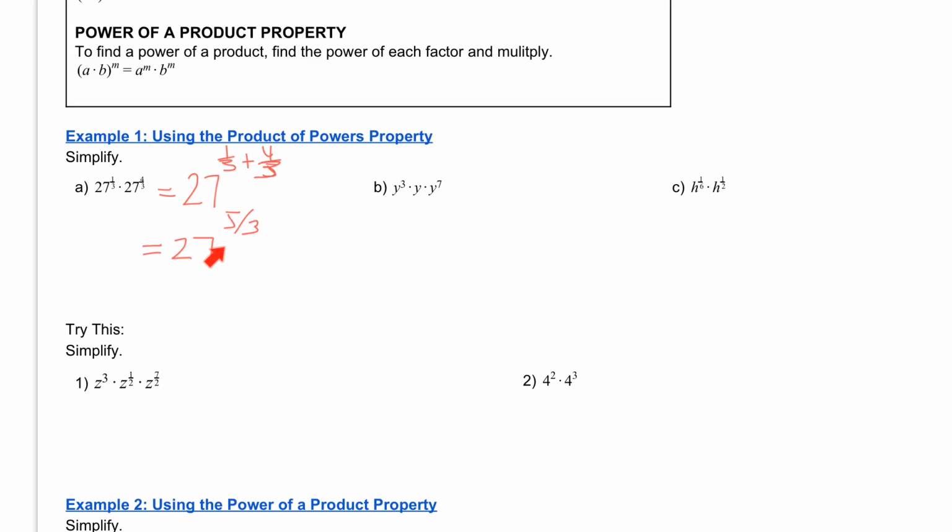Now, since this base is an actual number, 27, we can go ahead and raise it to the 5/3. You can do that right on your calculator. So what you want to do on your calculator is type in 27, find your exponent key, which is this little caret key.